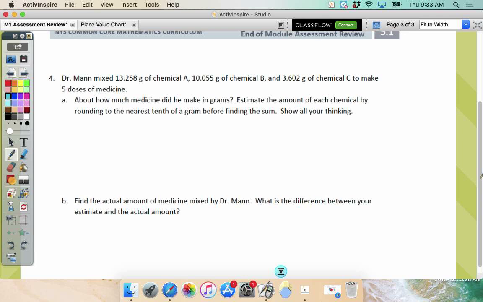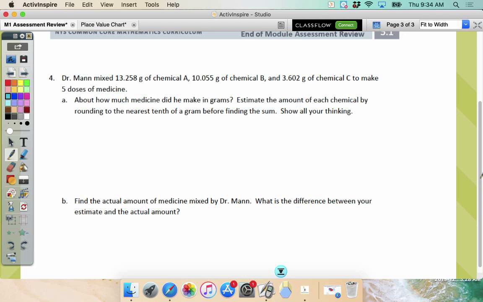Okay, I'm going to read this and then we're going to talk about it. Dr. Mann mixed 13.258 grams of chemical A, 10.055 grams of chemical B, and 3.602 grams of chemical C to make 5 doses of medicine.